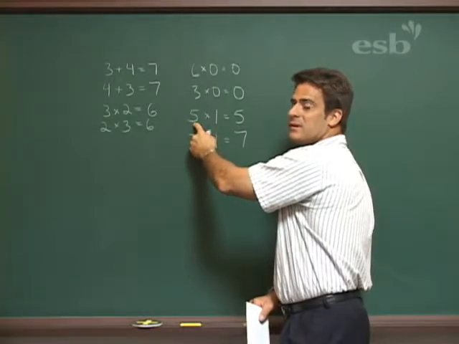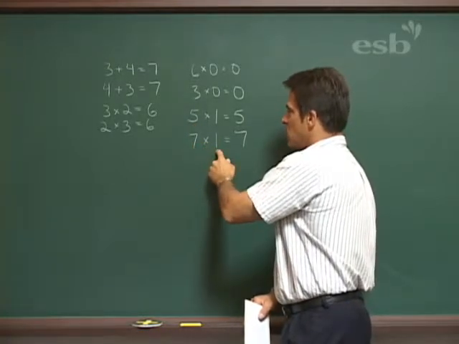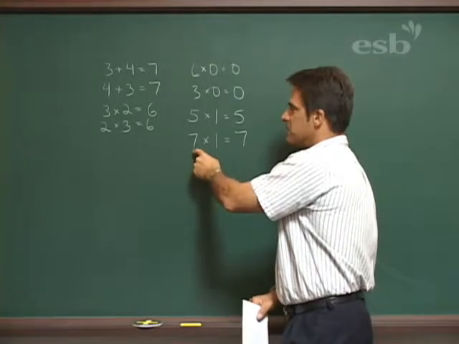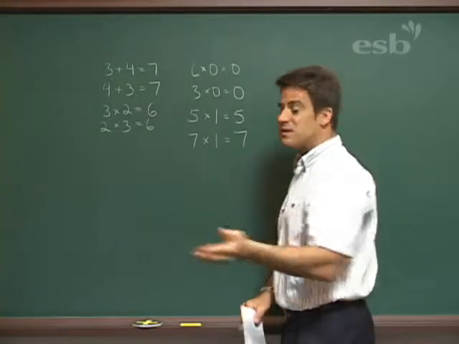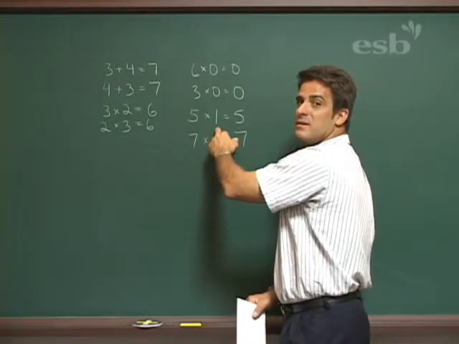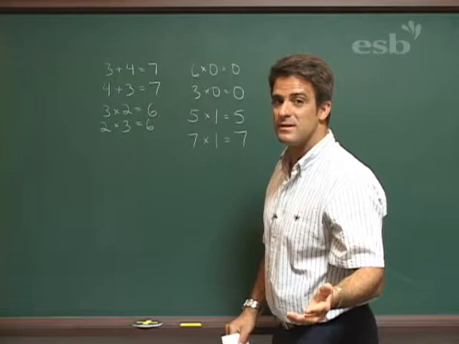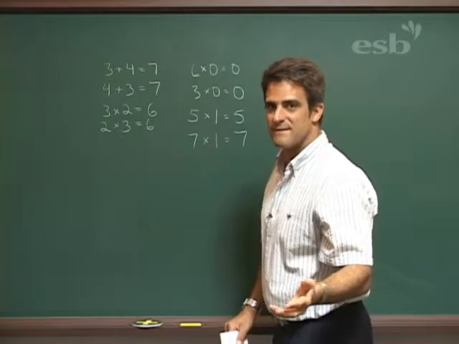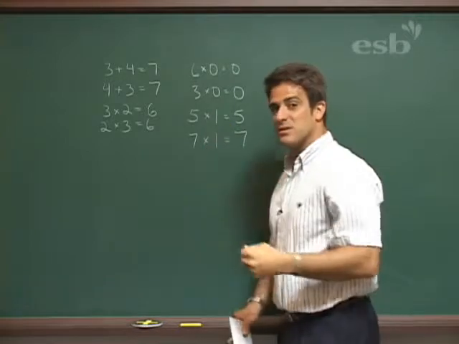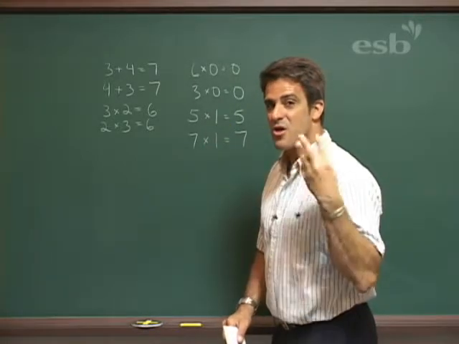That number. 7 times 1 equals 7. That number. How about these ones? 6 times 1 equals 6. 3 times 1 equals 3.